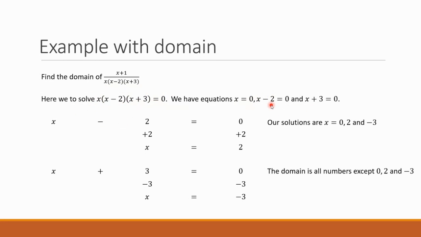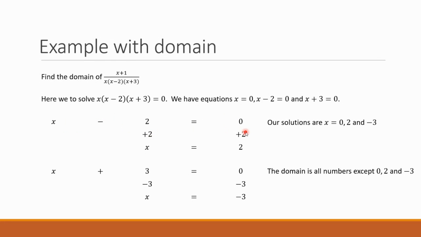Okay, what about these two? Well, for x minus 2 equal to 0, you just solve for x. We're using stuff that we learned earlier in the course. We're going to isolate x, so let's get the 2 on the other side.